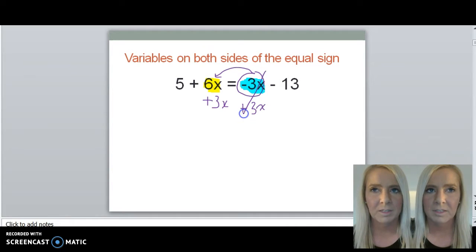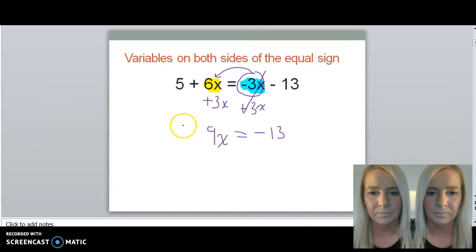When I do so, these cancel, and I'm left with negative 13 on this side of my equation. 6x plus 3x gives me 9x. Bring down my 5 plus 9x.